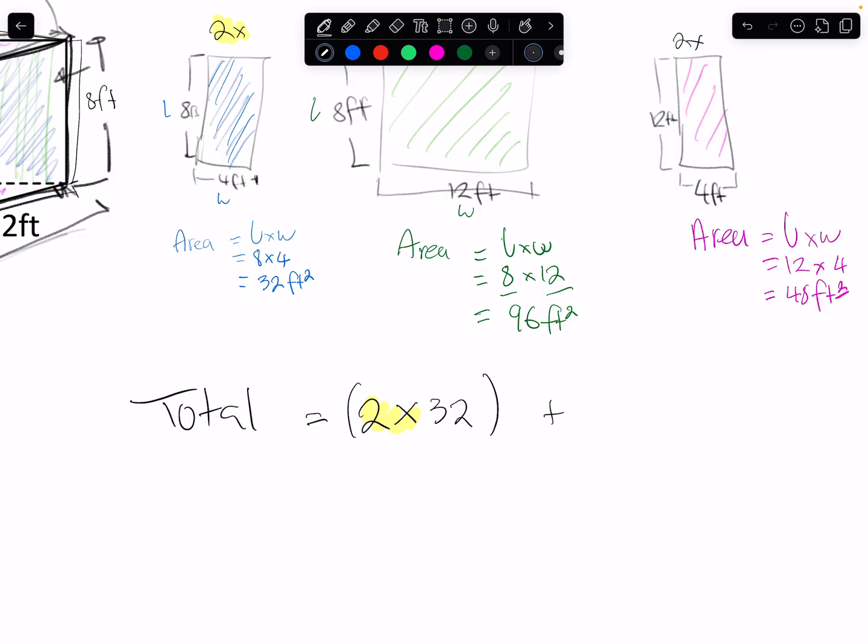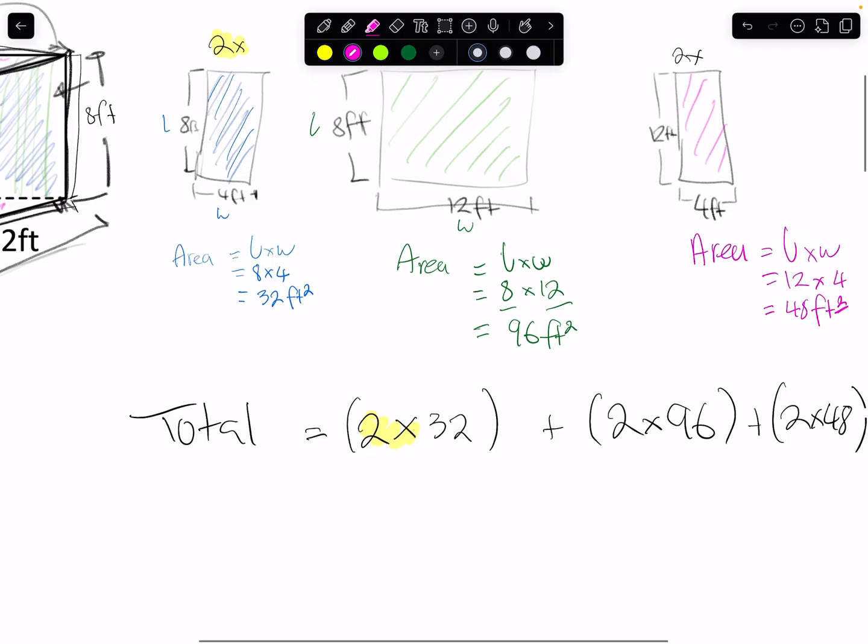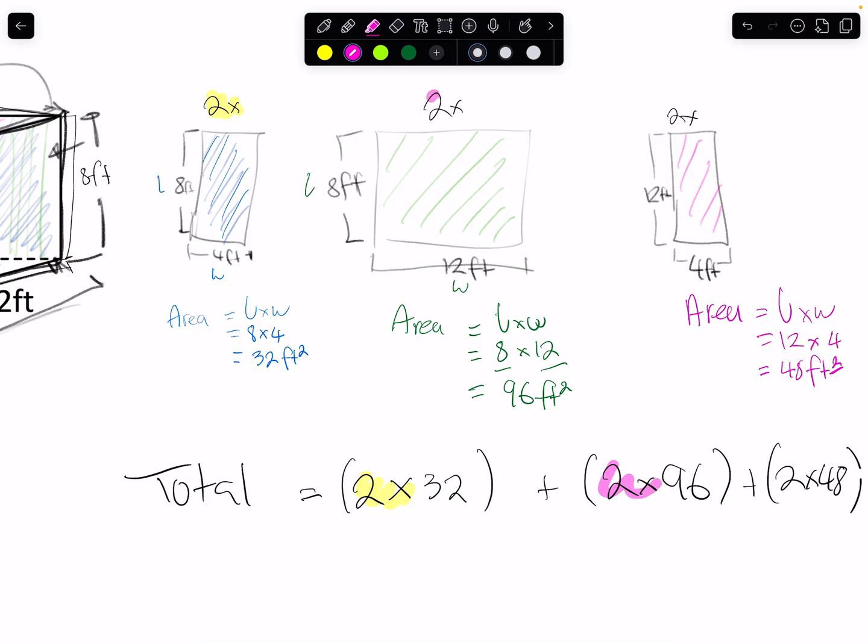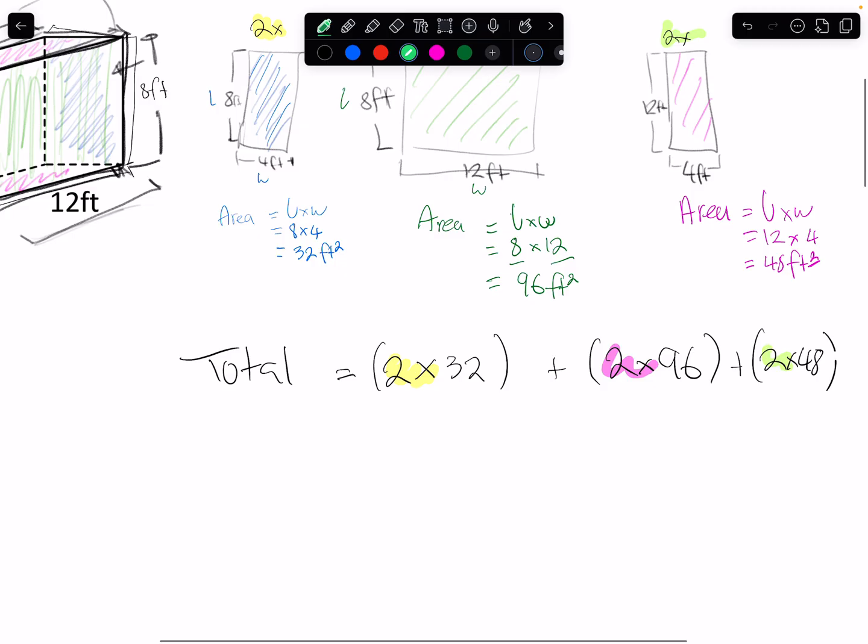Plus 2 times 96 because remember, we have 2 of them. Plus 2 times 48. Just so that we're all aware where they're coming from. We have 2 and we have now 2. Beautiful.